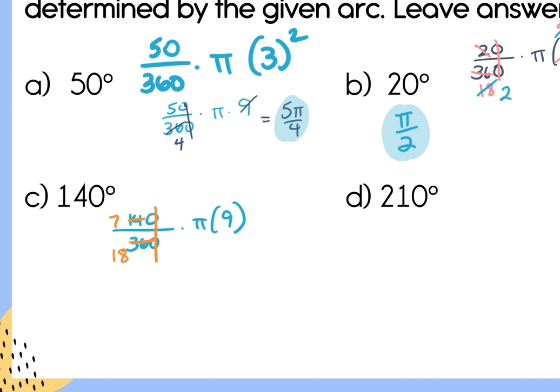And then 9 goes into 18 twice, because 9 times 2 is 18. I crossed through the zeros, then I had 14 over 36, and I put 2 into each. You could go in any order you want. I could have gone 9 into 36 would be 4, and then you'd have 14 over 4, which is still 7 pi over 2.